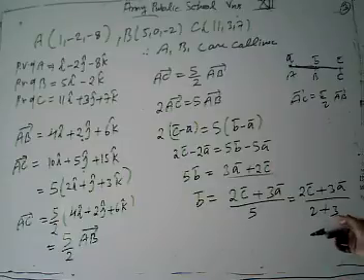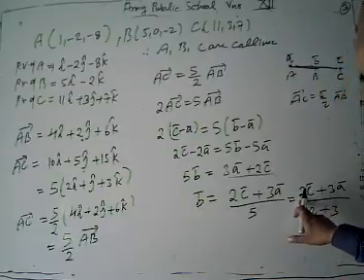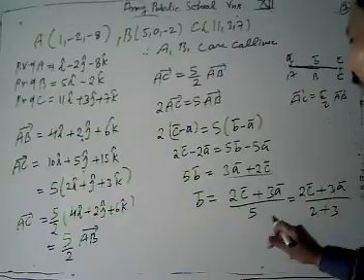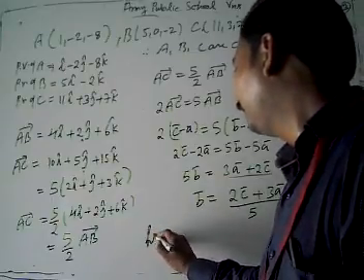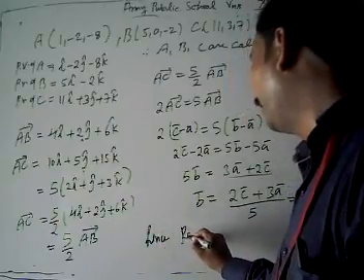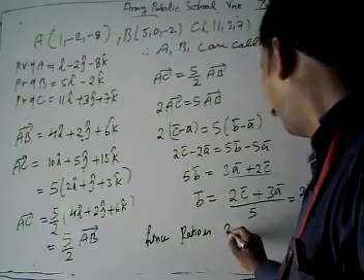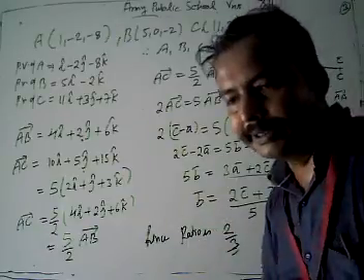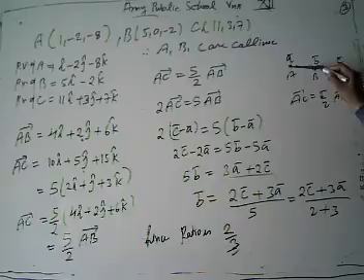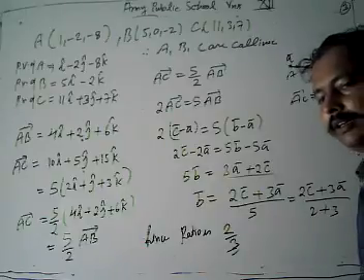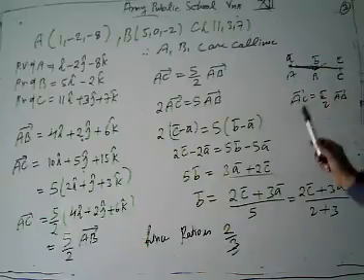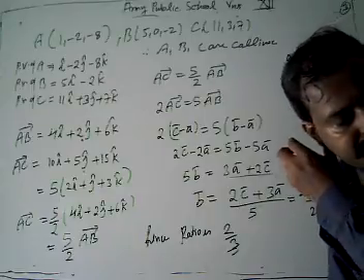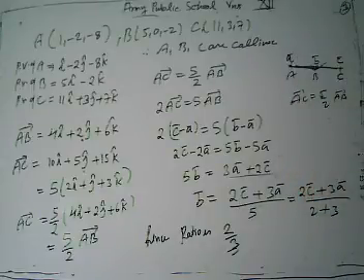It's 2C plus 3A upon 2 plus 3, this is our M, this is our N. Hence the ratio is 2 by 3. Means this point B divides the whole line AC in the ratio 2 is to 3.